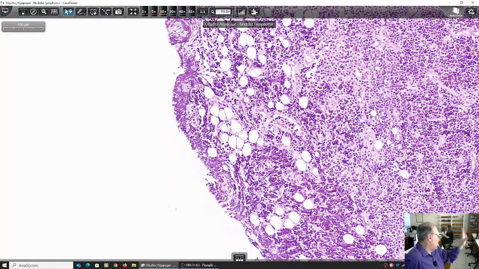This is okay. However, these cells being at the periphery of the section, what are they most probably? Where do they most probably belong? Do they belong to the lymph node itself? They probably belong to surrounding tissue. So, let's say that they belong to surrounding tissue, which they most probably do.